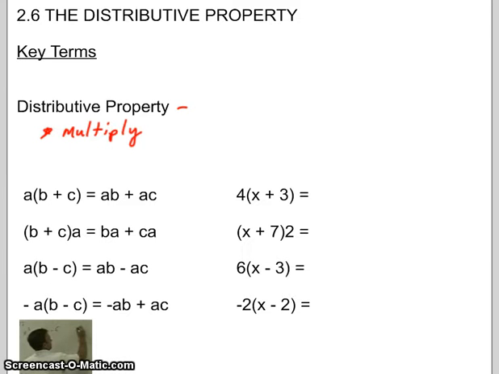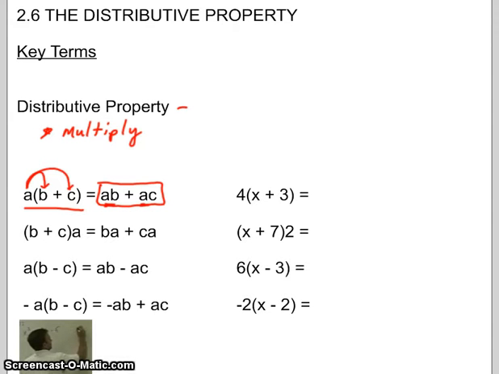All right, so first we have just variables, a times b plus c. All you're going to do here is distribute the a. So it's going to be a times b and then a times positive c. So you get a times b plus a times c. You're multiplying a times both b and c.